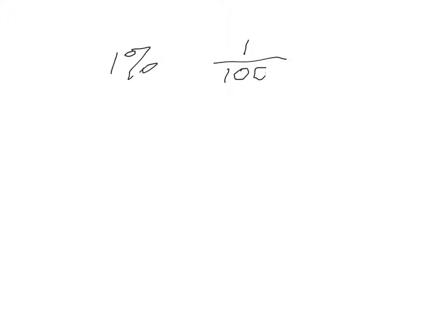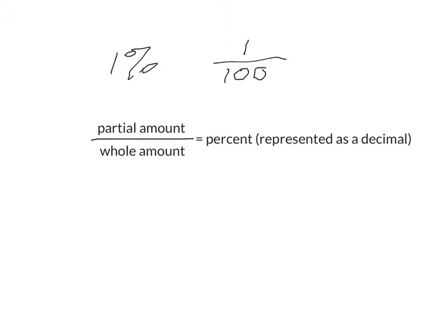Okay? So another way of looking at it is, we could say that the partial amount divided by the whole amount is equal to the percent, but represented as a decimal. So whatever I'd get as the partial over the whole, I would have to multiply it by 100 to actually get the percent.